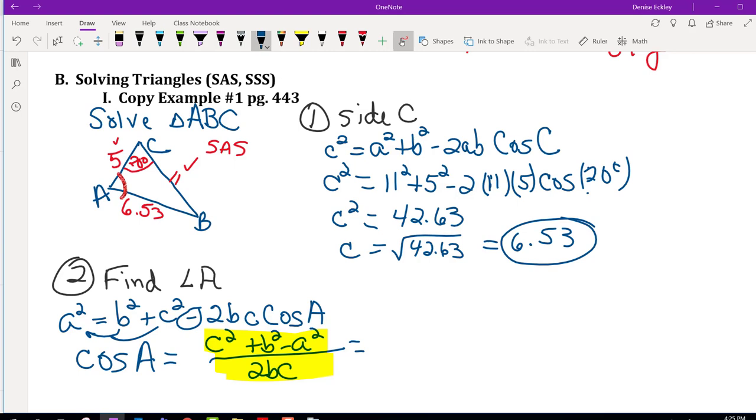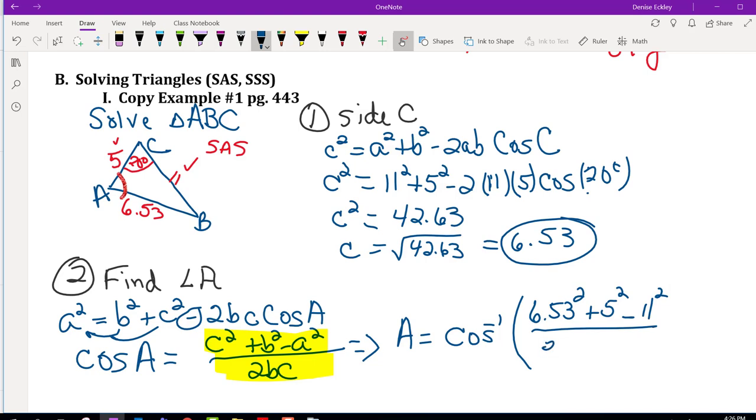So I'm going to start here, and I'm going to say that A is going to be the inverse cosine of that fraction. Actually, let me write them in the same order. So that's going to be 6.53 squared plus 5 squared minus my A squared, which is 11 squared, all over 2 times 6.53 times 5.